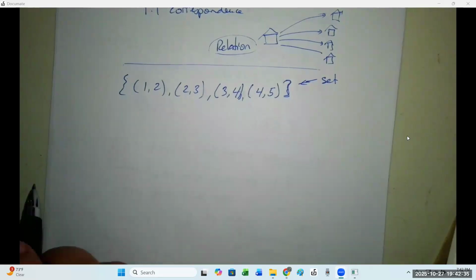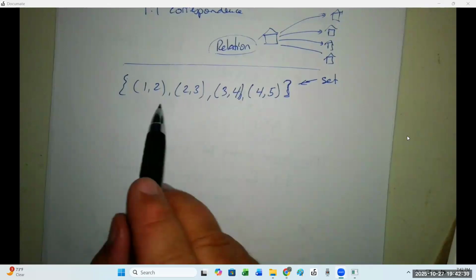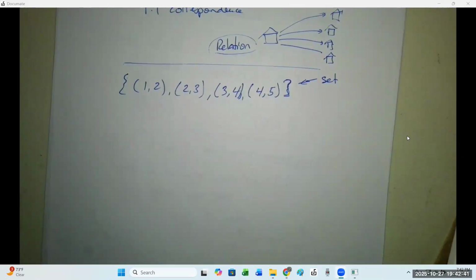Anything inside these squiggly lines is a set. Now, is this a one-to-one relationship? Is this a relationship, or is that a correspondence or one-to-one correspondence? Is it a function or not, basically?